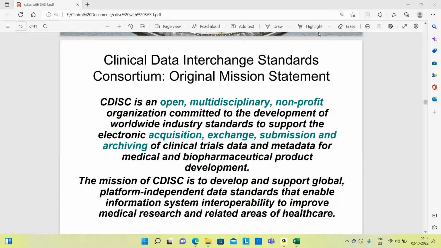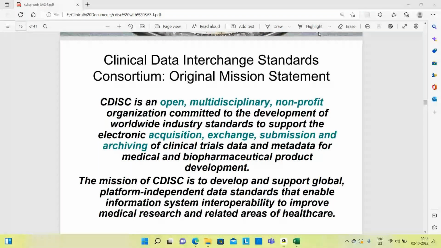So CDISC is open and multidisciplinary. Open means everyone can join. It is not a profit-making organization. The people here are serving the clinical industry, so it is a non-profit organization.